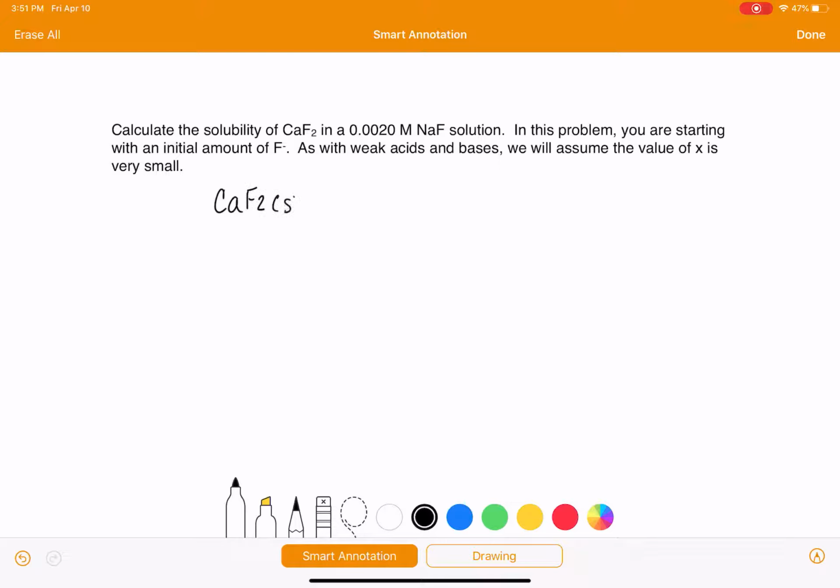We're making a new ice table because we have a new situation. The calcium fluoride dissociates into calcium ions and 2 fluoride ions. We're not concerned about writing any kind of ice table for the sodium fluoride because that's not a solid substance that's not dissolving in water.